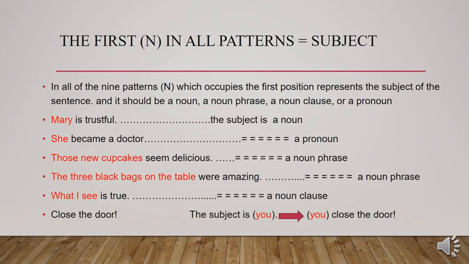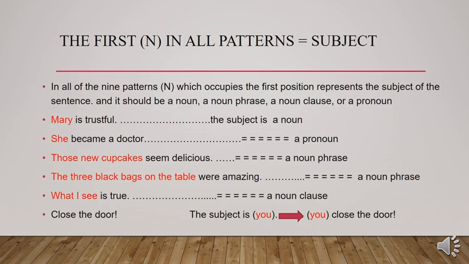The implied sentence is, you close the door. But we do not say you close the door, we say close the door, open the door, sit down, go away, bring me some coffee. In all of these sentences, which are imperative sentences, there is no apparent subject.